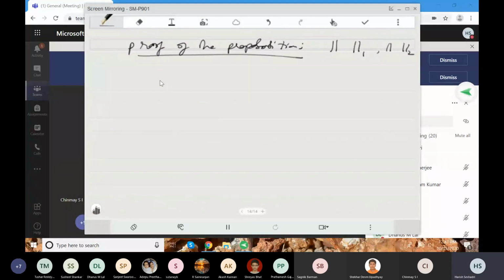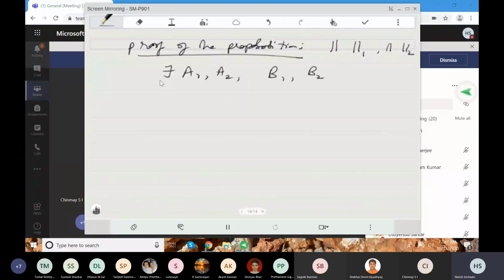By the lemma, there exist A1, A2, B1, B2, such that A1 times the Euclidean norm is less than or equal to norm 1, which is less than or equal to A2 times the Euclidean norm, and for norm 2, I have a similar thing.